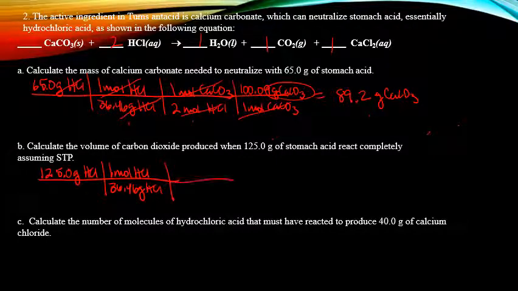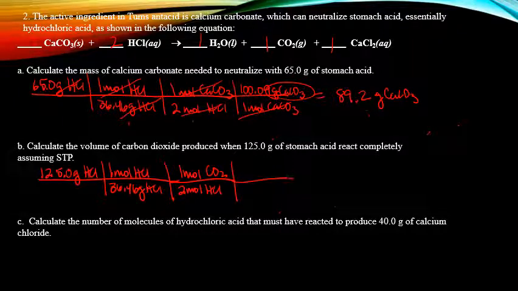We now look at our molar ratio. Again, I have 2 for the HCl and I have 1 for the carbon dioxide. So I'd have 2 moles HCl, 1 mole of the CO2, and then from there, trying to get into volume, assuming STP, I'd have 1 mole of CO2, and I would have 22.4 liters of CO2.